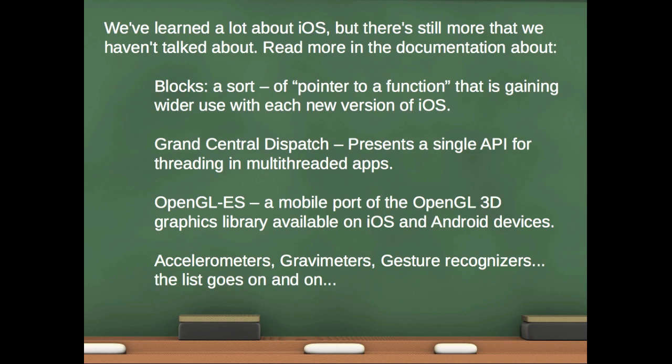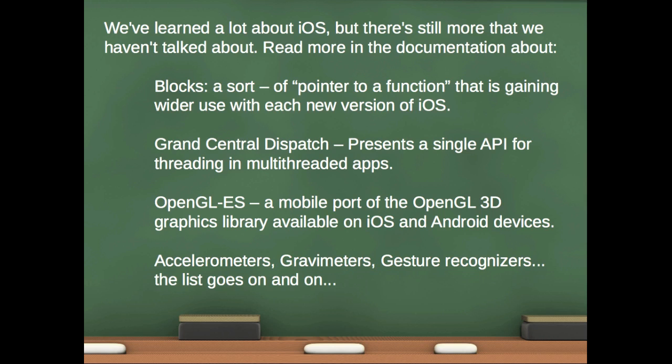We've learned a whole lot about iOS, but there's a lot more that we haven't talked about. So look at your documentation. Also look online, look at developer.apple.com for some documentation about the following stuff. Look at blocks. Code blocks are sort of a pointer to a function.